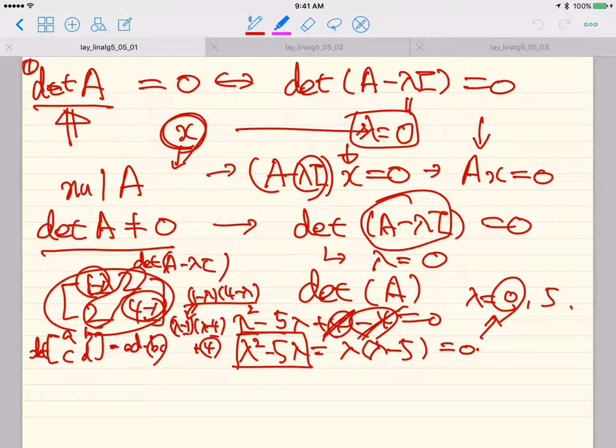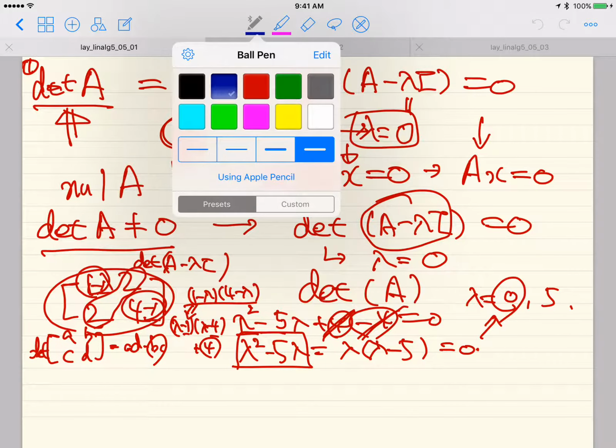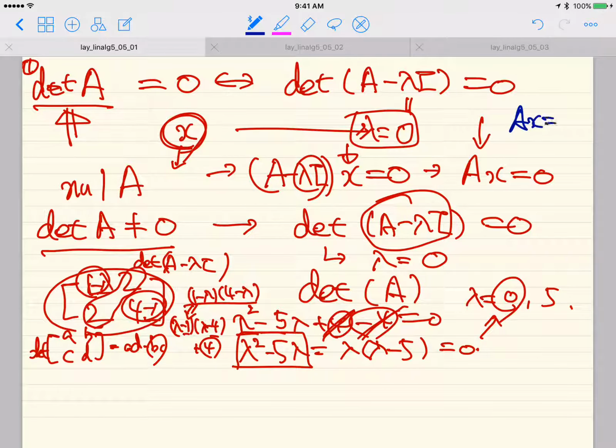And so it can be represented as Ax equals lambda x. So we have a matrix A and a vector x, and lambda times the same vector x. So it only changes the length of the original vector, but not the direction, right?